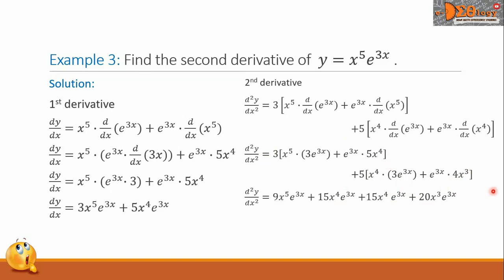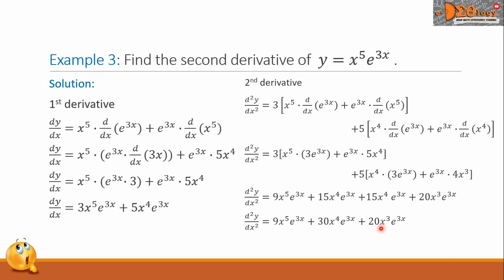On this line, please observe that the middle terms here are similar terms, that we can combine them. So we have 30x raised to 4 e raised to 3x for the combination of these two terms. On this line, please observe that there is a common factor.